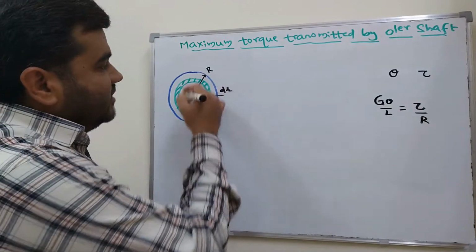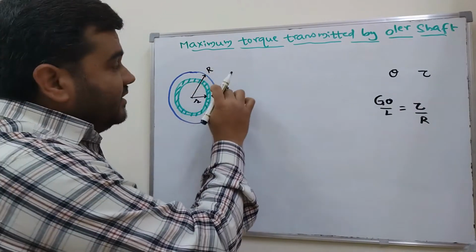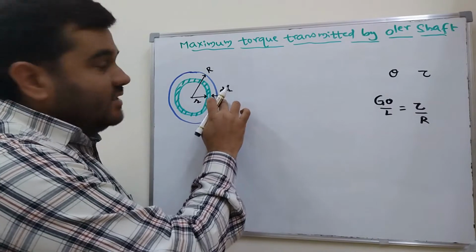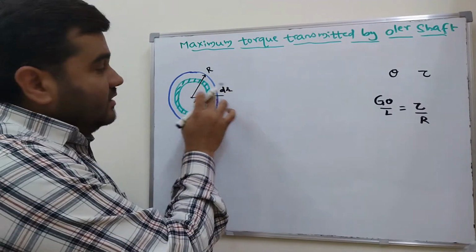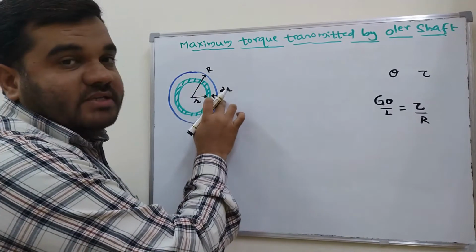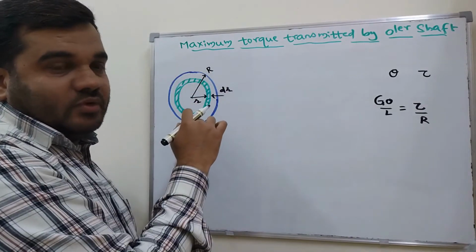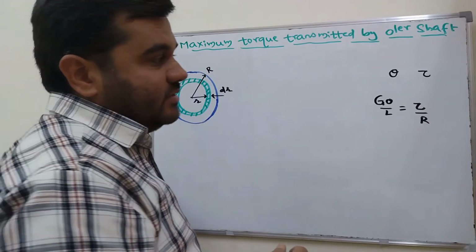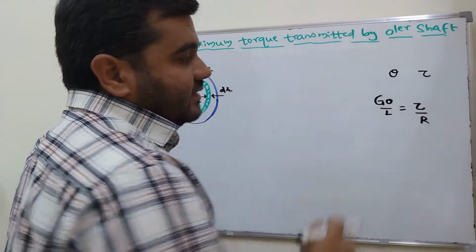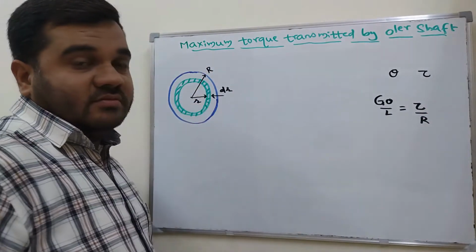As I said, the maximum shear stress is developed at the outermost part. It starts from the center, which is 0, to the outermost, where the maximum shear stress is developed at the outermost surface. I already explained that in the previous video. And this r is the radius of the circular shaft.